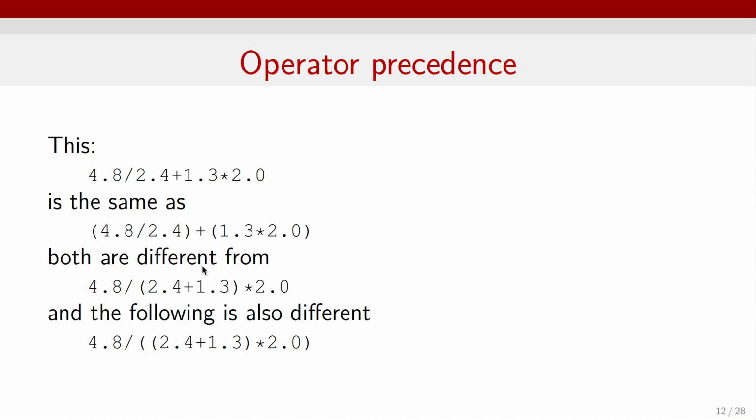These operations are different than this. So if I don't want that to be the order, for example, if I want the addition to happen first, then I can put this in parentheses. And then what's going to happen is 4.8 divided by 2.4 plus 1.3. So it's going to add these numbers together. Then 4.8 is going to be divided by this.